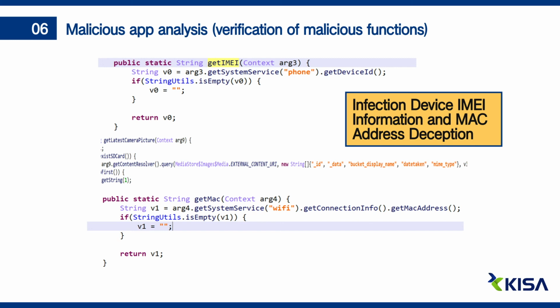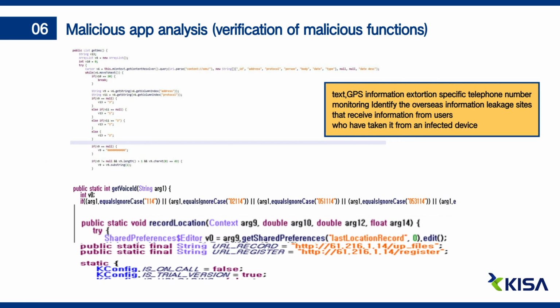The getMAC function takes the connection information of the system services, then returns the MAC address in the V1 variable. The following code uses the getSMS function to steal SMS and contact information from infected devices. The getVoiceID function monitors whether the victim calls a specific phone number. You can even check the overseas location that's receiving the information.